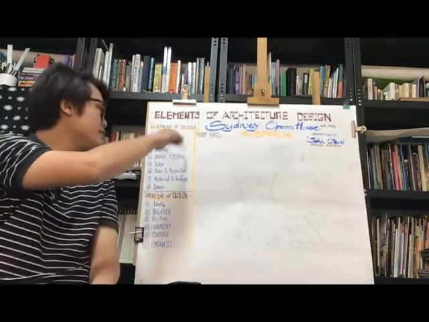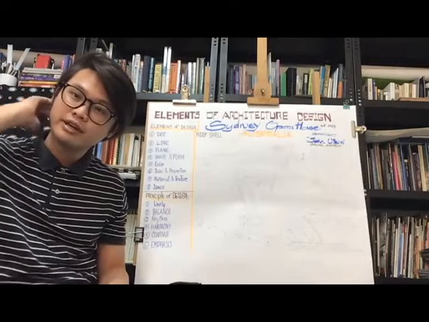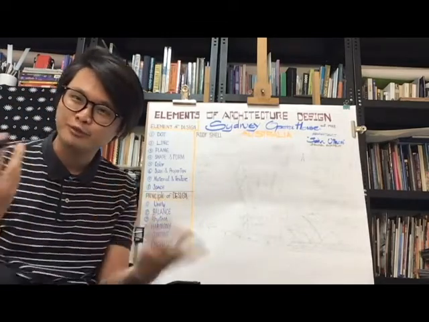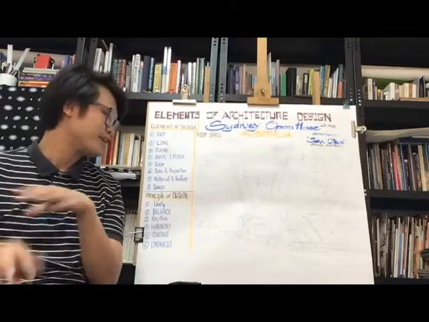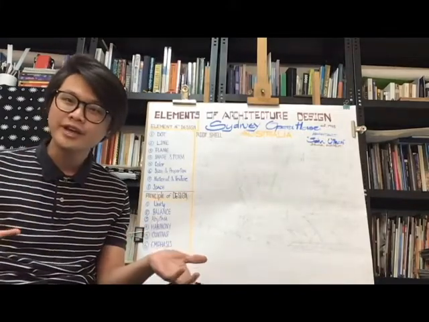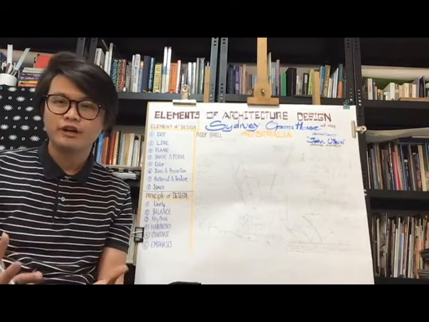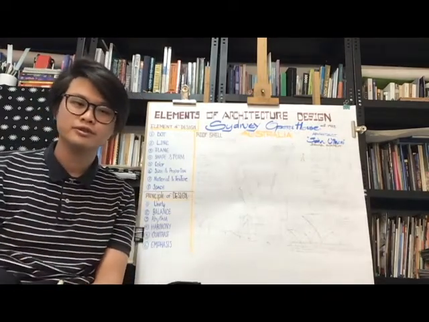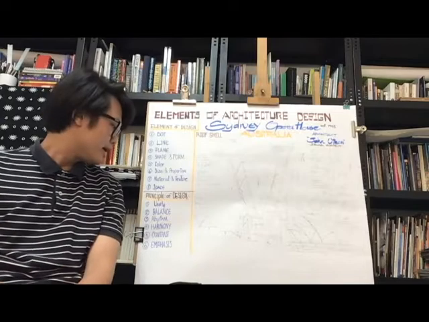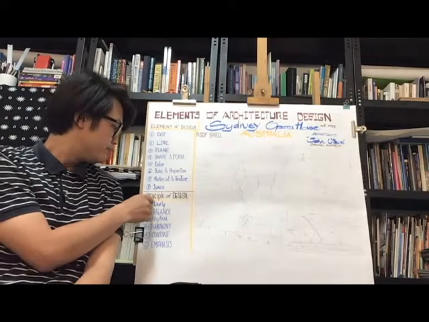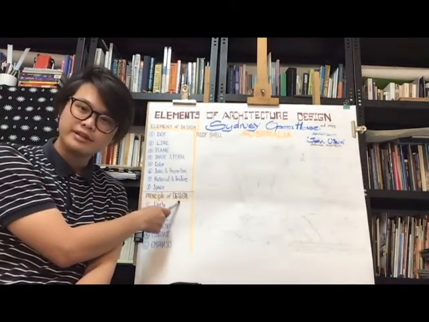These are all the elements of design that architects have the responsibility to organize to serve the convenience of the users. And how to organize, we will see in the principles of design.